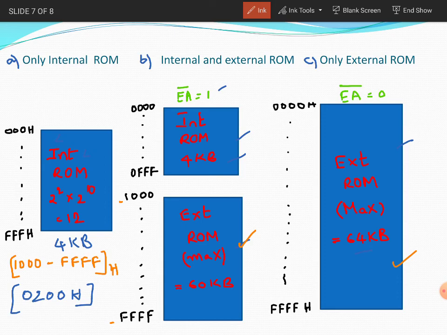We can do it with the help of EA bar. When EA bar is equal to 1, it is internal ROM plus external ROM, and when EA bar is equal to 0, the entire memory is from the external memory chip itself.